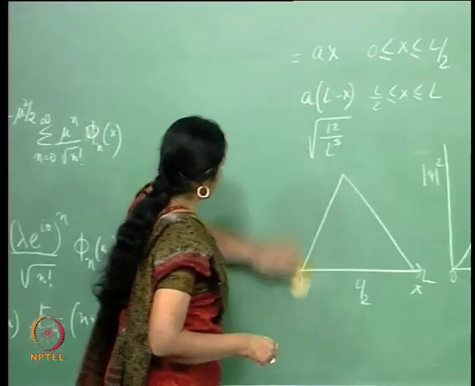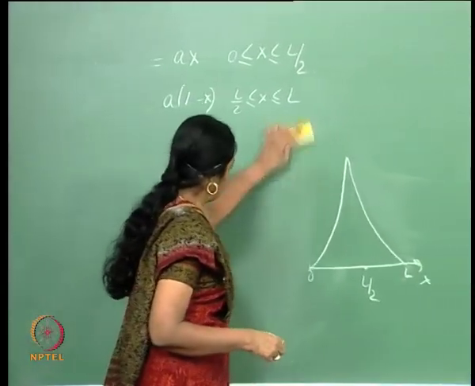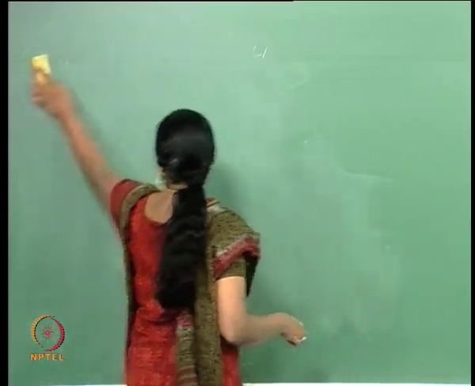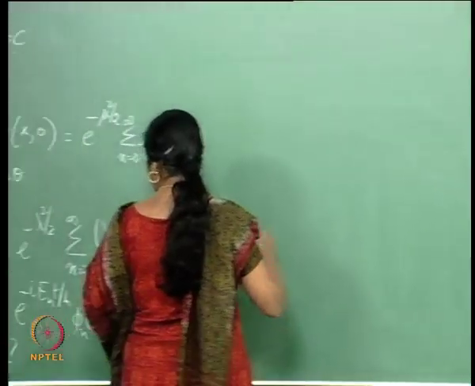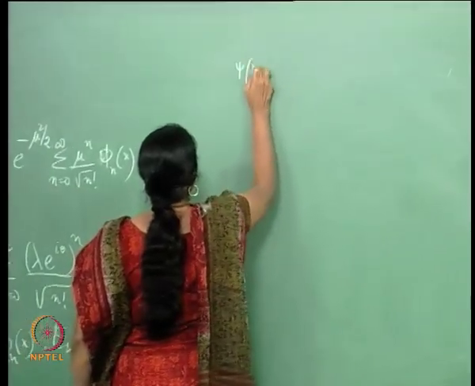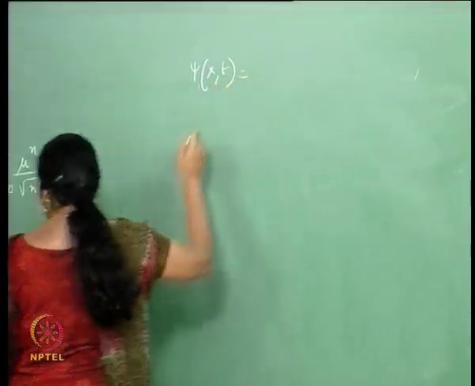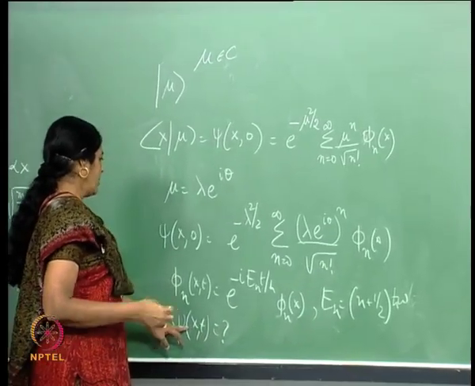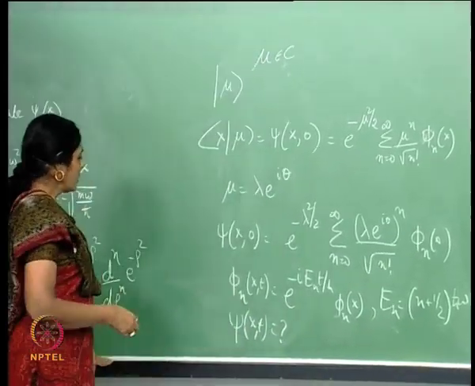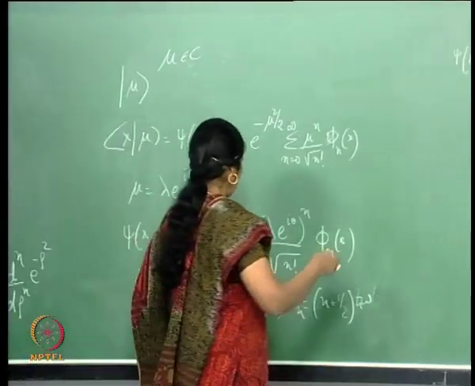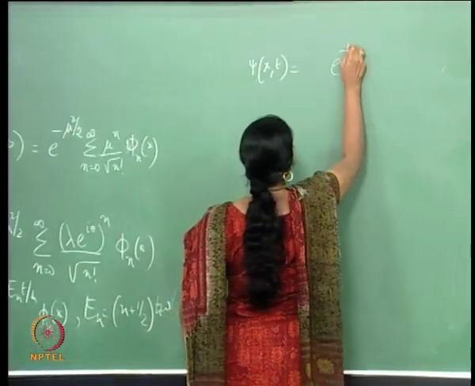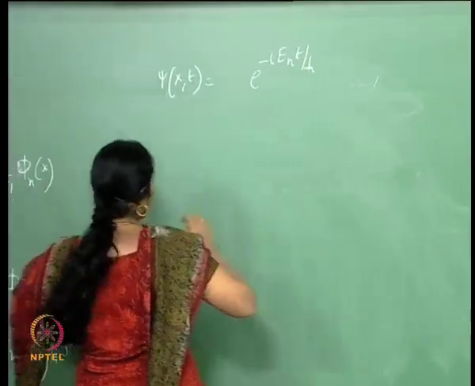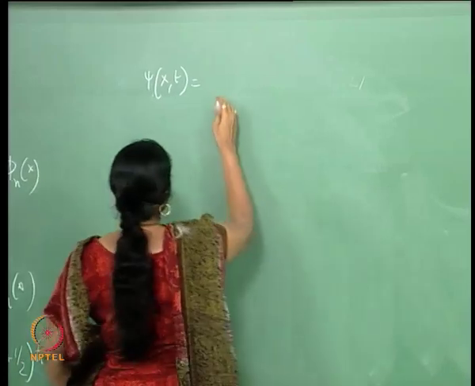So let us find out psi of x,t in this problem, substitute for everything. So psi of x,t is simply going to be equal to e to the minus i E n t by h cross. Of course, let us start with the fact that it is a coherent state.